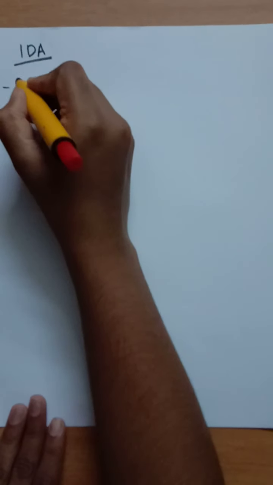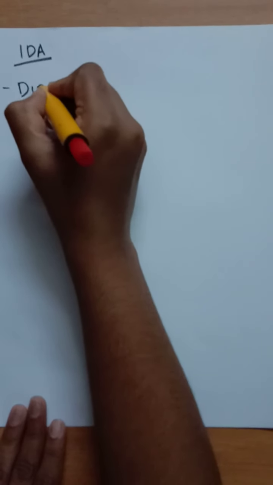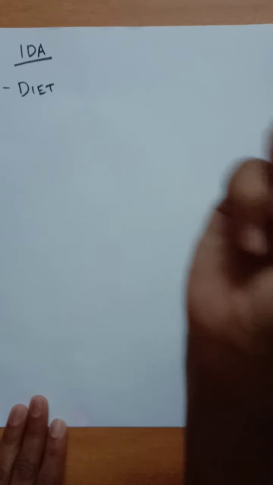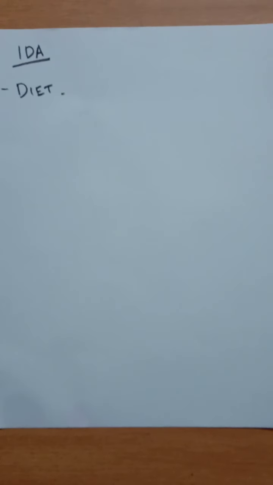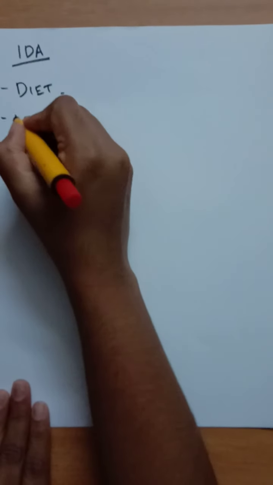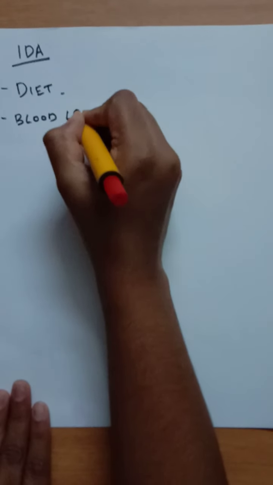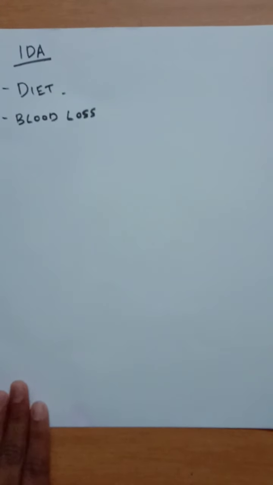And it is due to deficiency of iron, either deficiency of iron in diet, non-exclusive, and in children or infants it can be due to non-exclusive breastfeeding and early introduction of complementary feeds, and the other is blood loss with menstruation, childbirth, peptic ulcer disease, polyps in GIT, colorectal carcinoma, hemorrhoids.